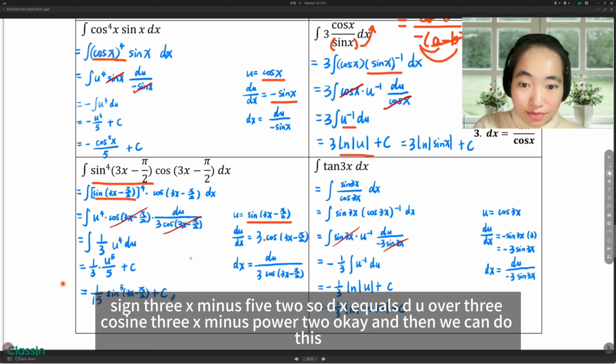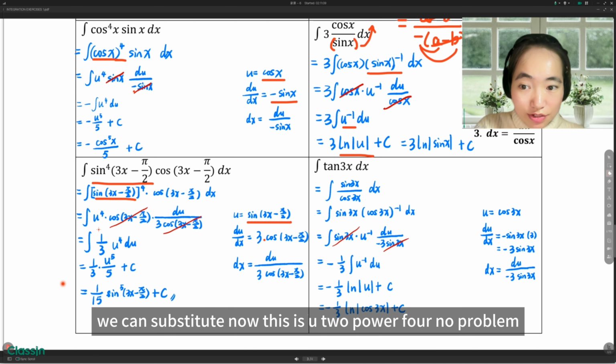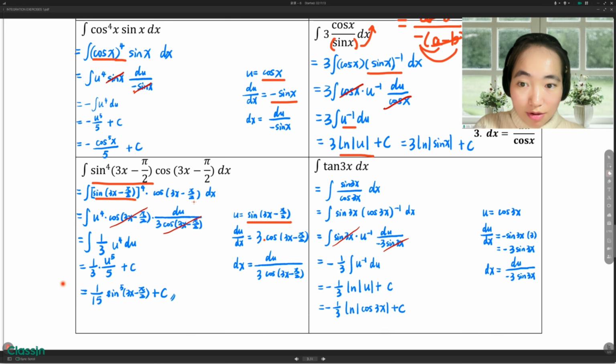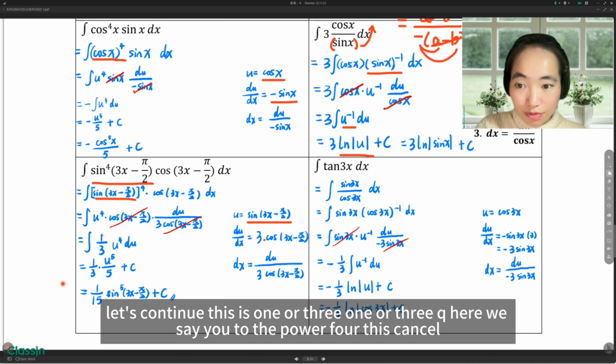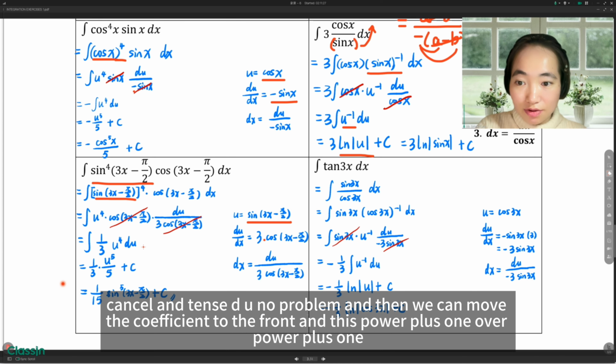Okay, and then we can substitute. Now, this is u to the power 4, no problem. Copy cosine of 3x minus pi over 2. Dx equals du over 3 cosine of 3x minus pi over 2. And let's continue. This is 1 over 3, keep 1 over 3 here. This is u to the power 4. This cancels, and times du, no problem.